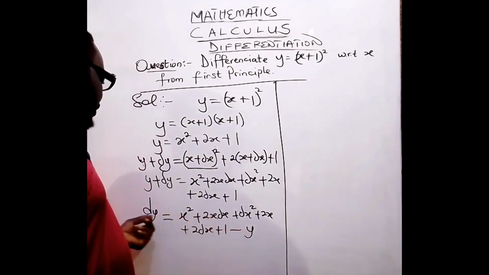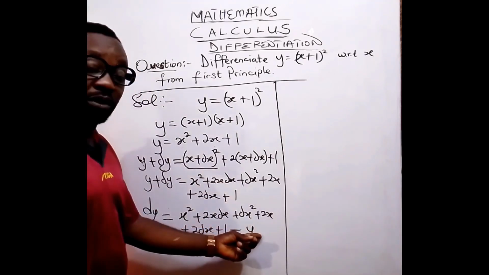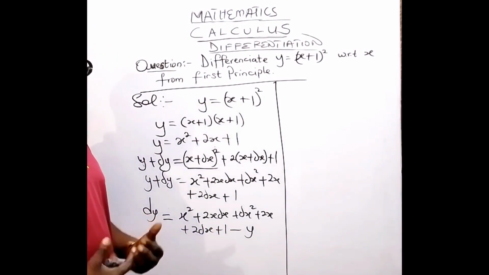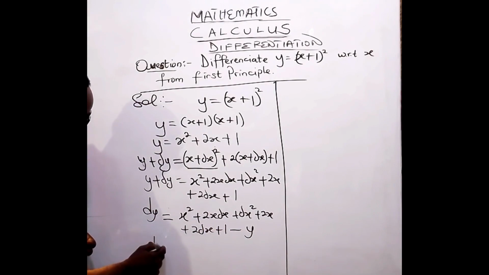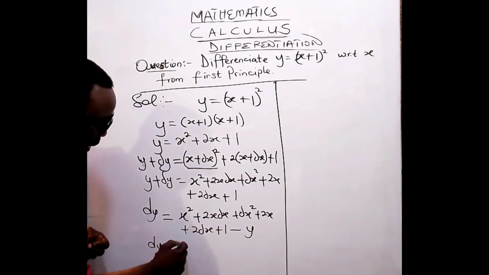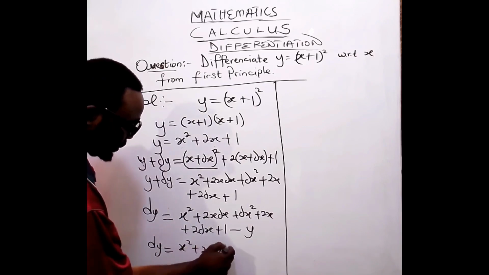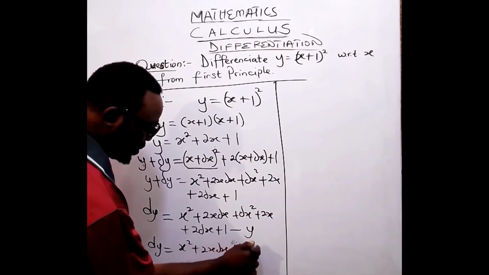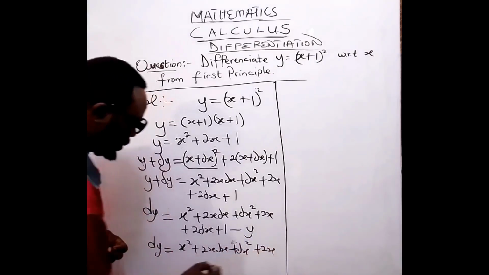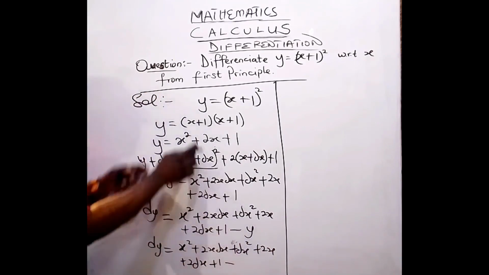Now, this y is the one I transfer to this part to continue with my solution to the question. So I'm going to have delta y equal to x squared plus 2x dx plus dx squared plus 2x plus 2dx plus 1 minus, what is the value of y?